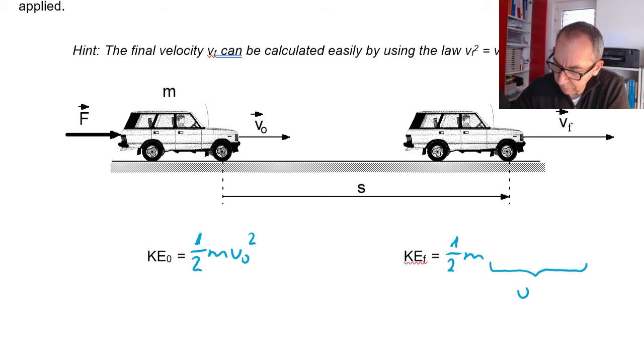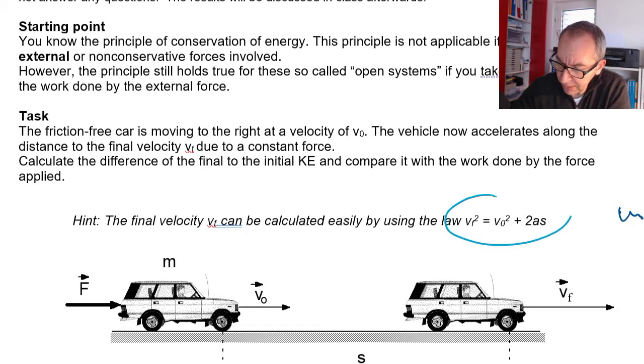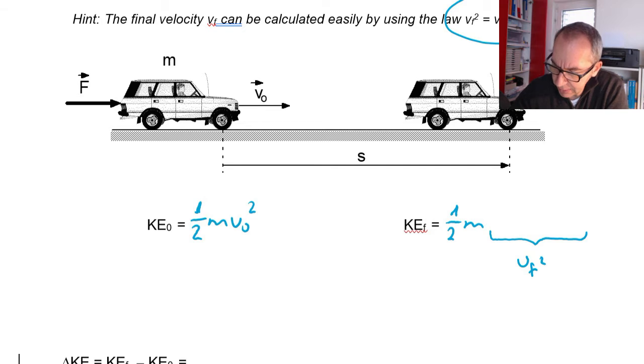But for v final squared, we can use the law from kinematics, which was given here, that the final velocity squared is the initial velocity squared plus 2 times a times x, or s, and replace it here. So we write v0 squared plus 2as. Let's see what comes out.